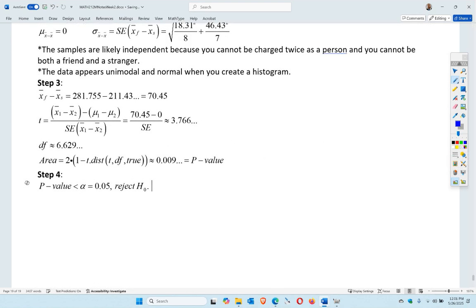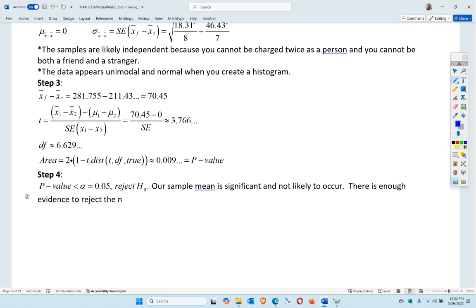Okay, so that means our sample mean is significant, means it's in the shaded region, and not likely to occur. Because if it's a very likely sample, then you can just ignore it. We got expected outcome. There is enough evidence to reject the null hypothesis.